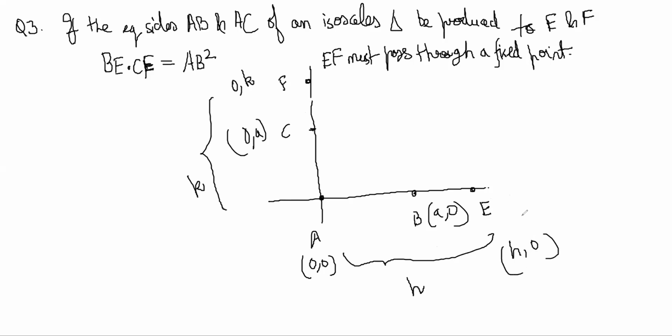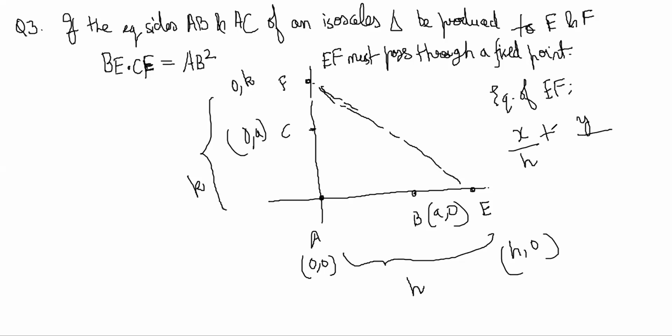So the equation of the EF line can be written in intercept form, no? The equation of EF will be x by h plus y by k is equal to 1. Correct? Now, the given condition is BE into CF. BE distance is h minus a, into CF is k minus a, is equal to AB square.